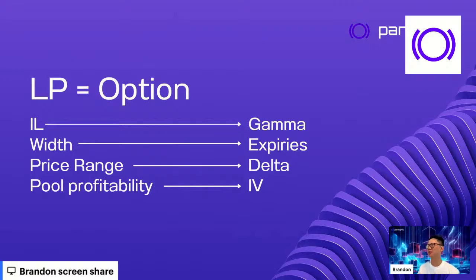You get this number. It's a percent, it's annualized. So here we see in the ETH USDC V3 pool, that's the 0.3% fee, about 41% IV. And then you could look at a different one. Here's the 0.05% pool, and it has a 42.86% IV. So actually slightly higher.